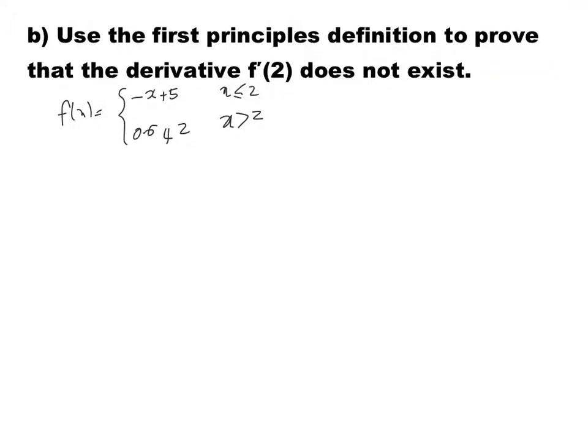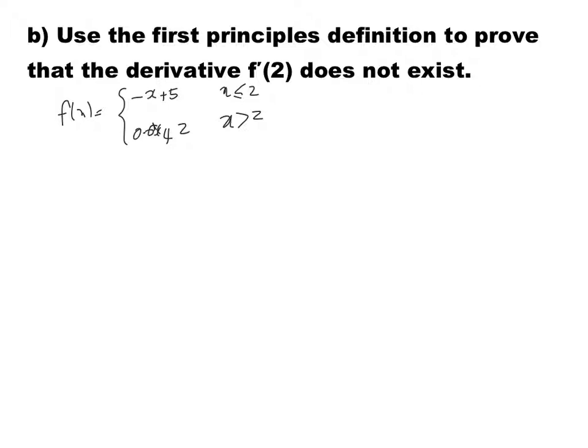The next question says, use the first principle's definition to prove that the derivative f prime of 2 does not exist. We know the function is defined as f of x equal to -x plus 5 for x less than or equal to 2, and 0.5x plus 2 for x greater than 2.